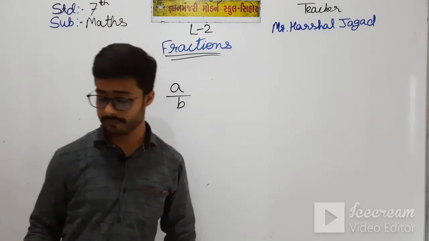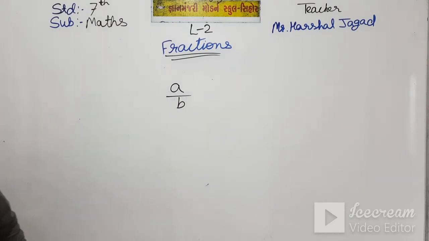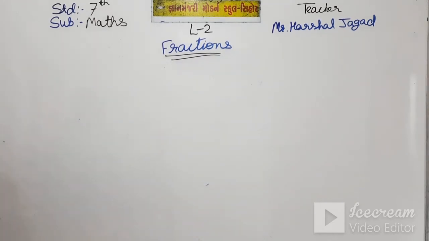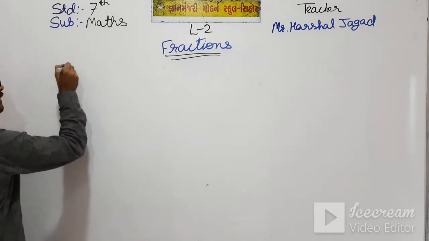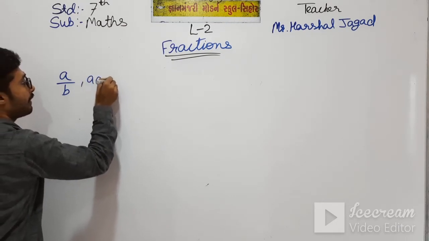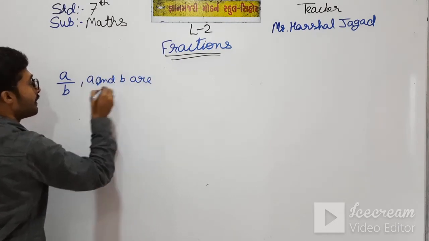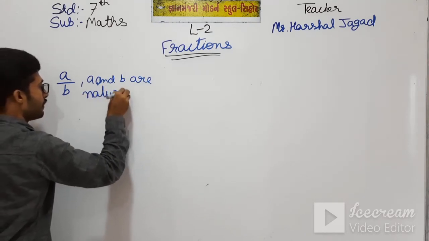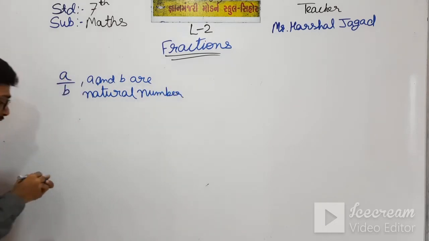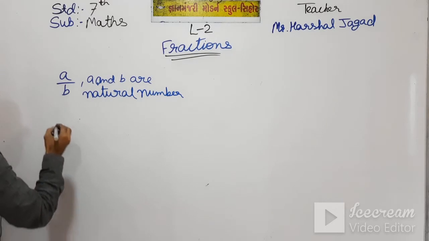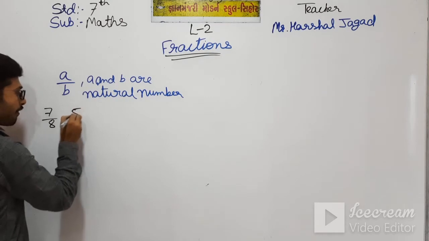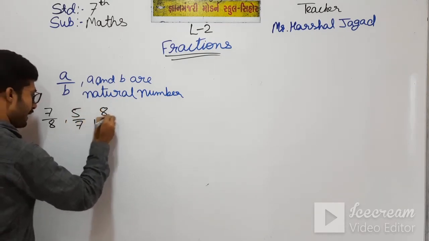Okay students, here are some examples of fractions. I am writing here how a fraction is written. A fraction is written in the form of A upon B, where A and B are natural numbers. Some examples of fractions are 7 by 8, 5 by 7, 8 by 10.